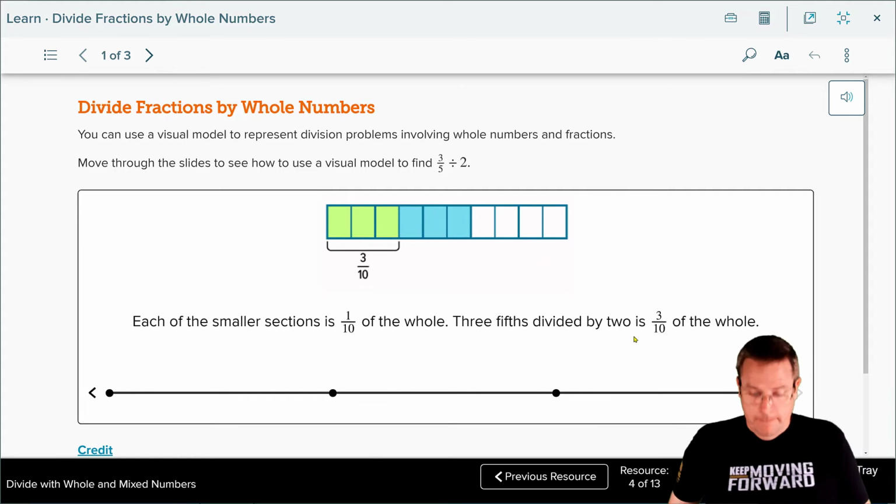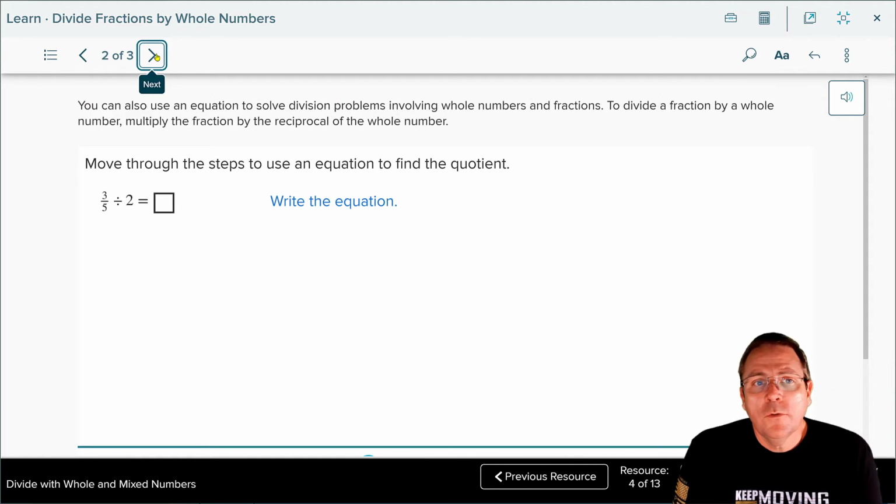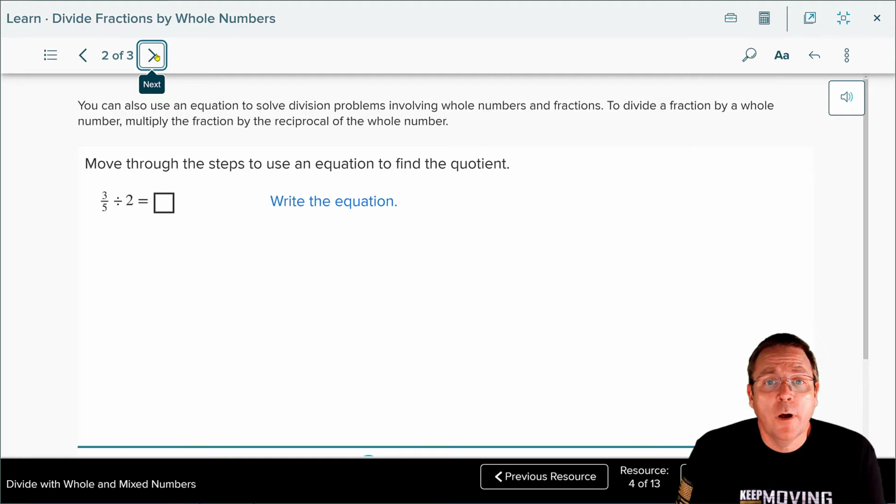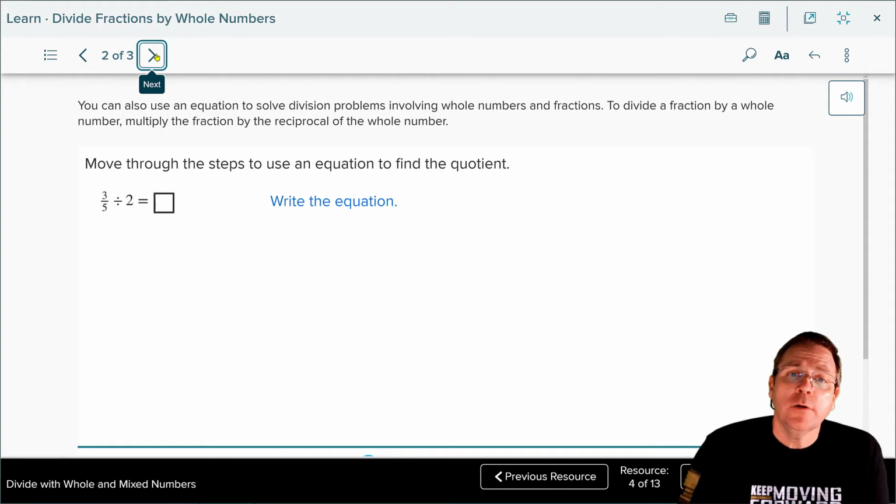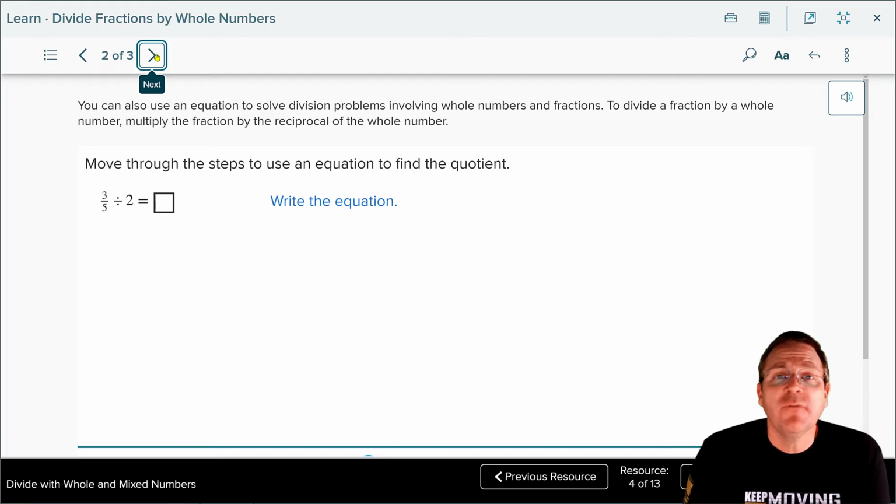Now you can also use an equation to solve division problems, and I will choose this over using bar diagrams any day of the week because it is super simple. If you knew how to do the last 2 lessons, you're going to find this one is an absolute piece of cake.